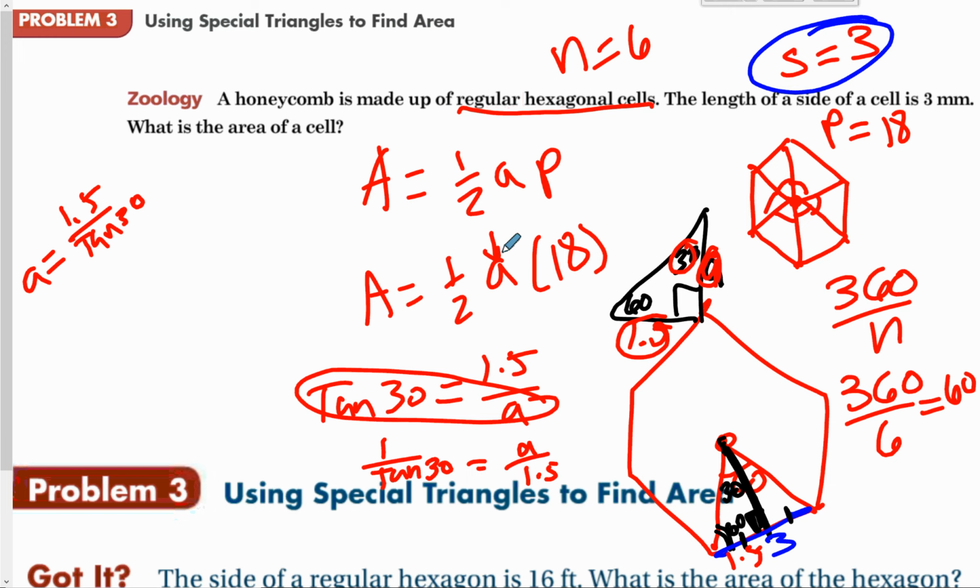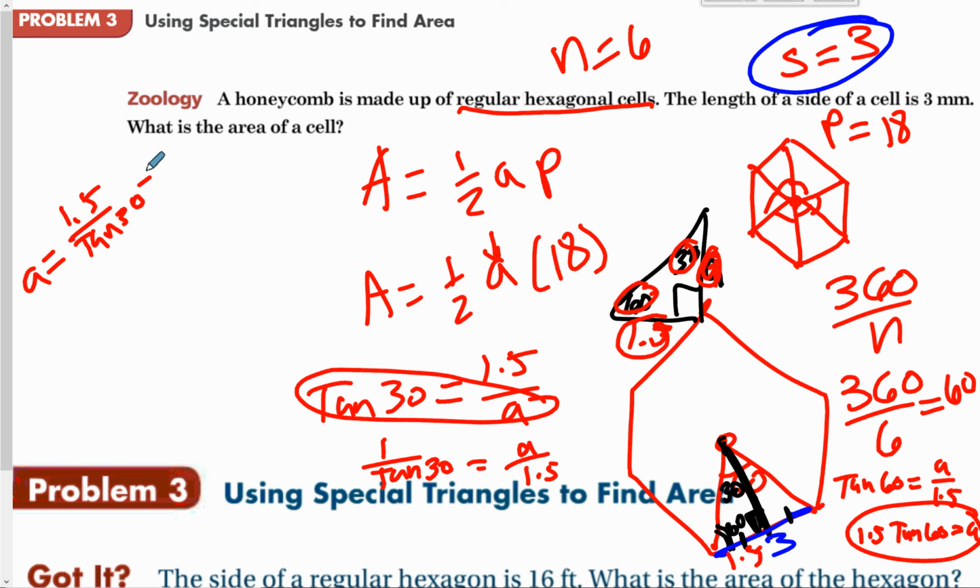Or I could use the 60 and did opposite over adjacent. So I could have did tan of 60 equals opposite over adjacent. And then I have to just multiply 1.5 times tangent of 60 equals a, where this is tan of 30. Okay, this is probably easier to type in your calculator, right? So either one of those is going to get us the same answer, and that's our apothem, which is about 2.6.